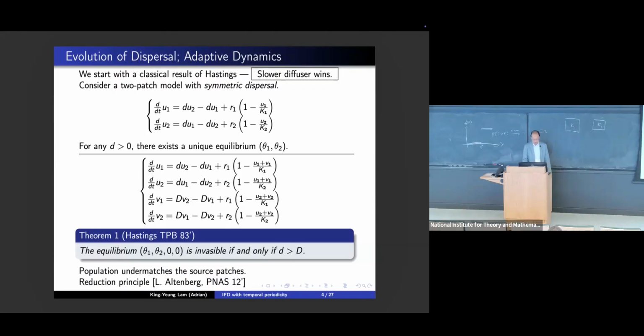So selection acts to minimize the mismatch in the source patches, and it is also related to a broader principle called the reduction principle, coined by Lee Altenberg, which says that for a linear population model, reducing mixing increases the effective growth rate.